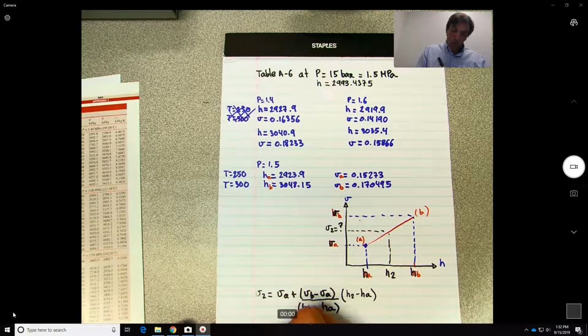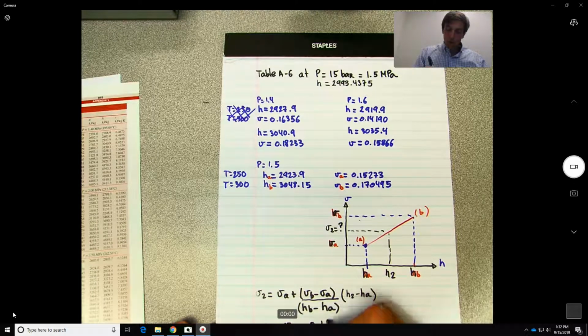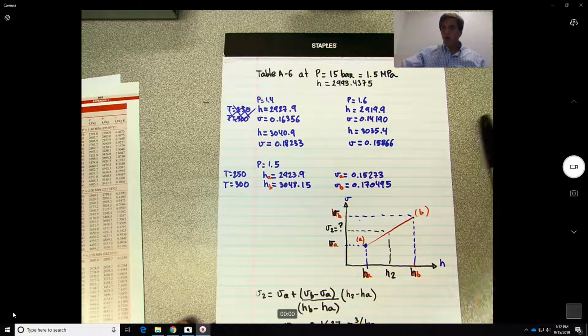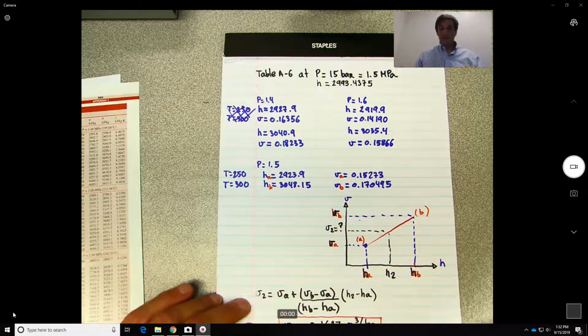So if you do the numerical substitution, you will find that V2 is equal to 0.1627 cubic meters per kilogram. All right.